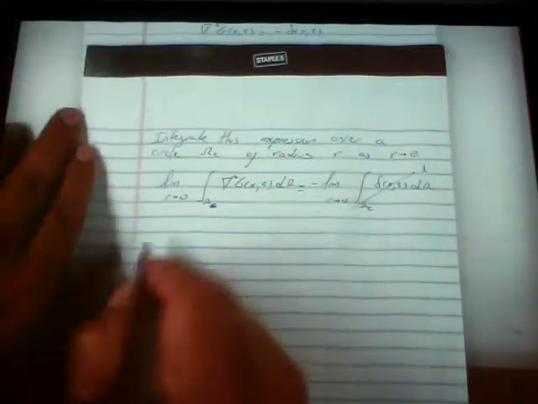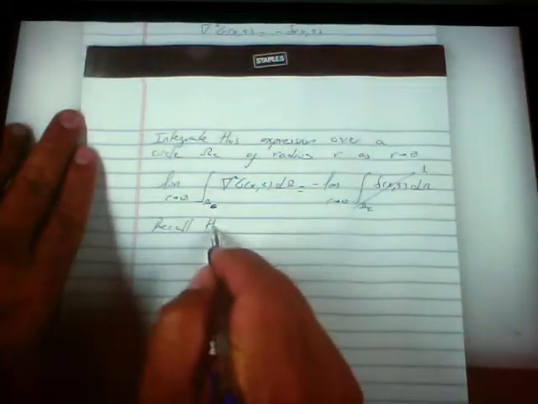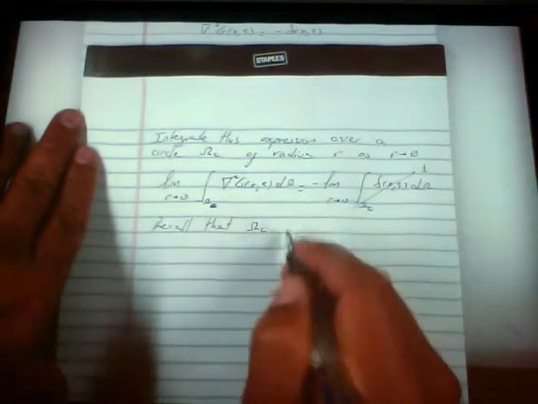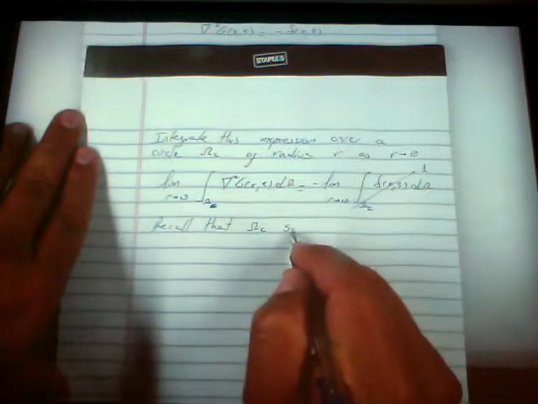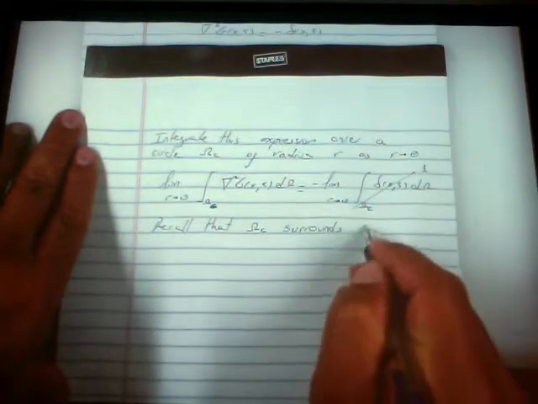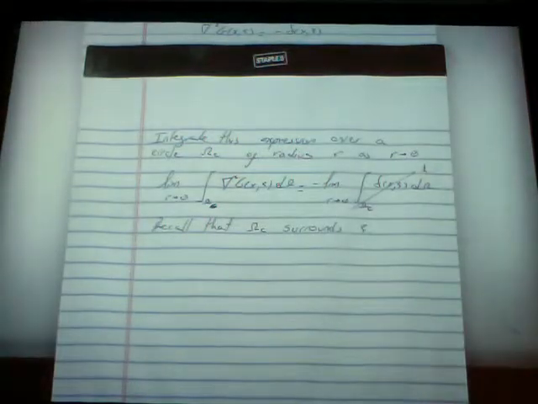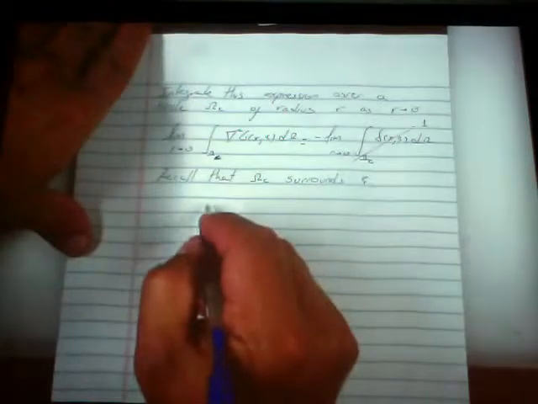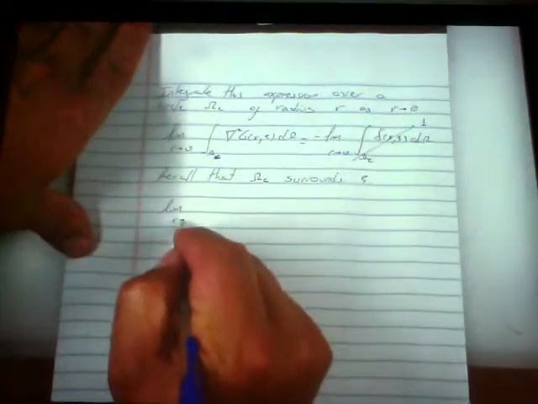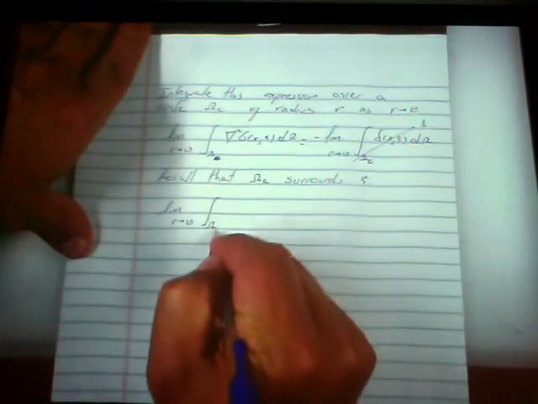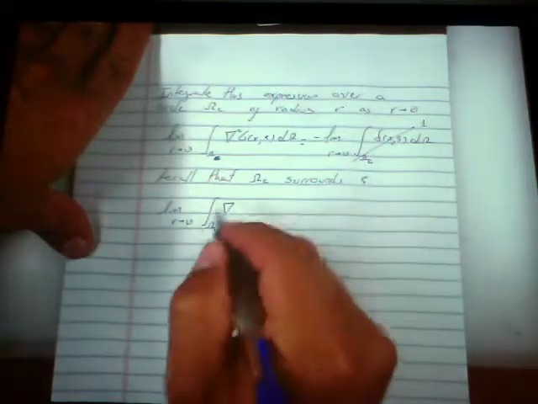Recall that the circle surrounds psi, because the radial coordinate system, or the polar coordinate system, is defined around the source point. So basically, we have the limit as r goes to 0 of the integral over the circle of the Laplace.